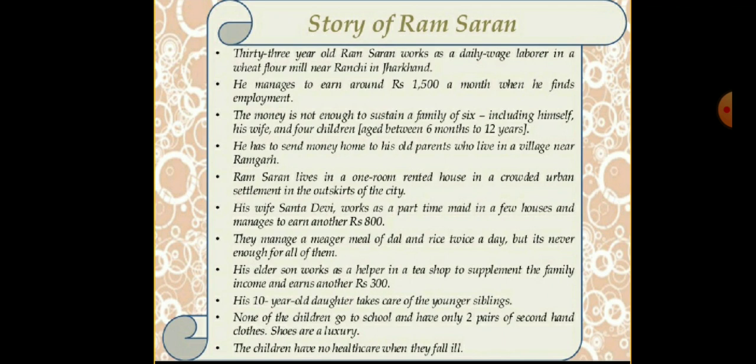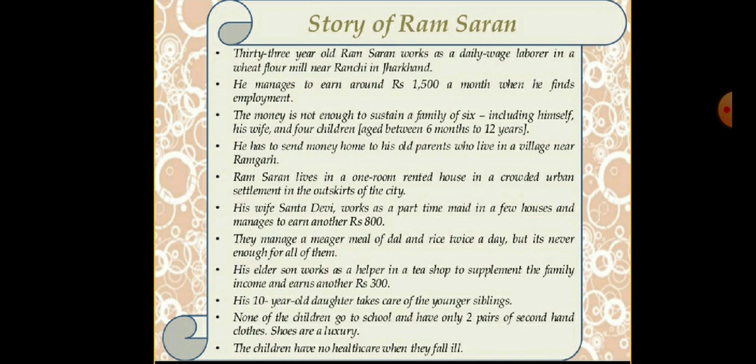33-year-old Ram Saran worked as a daily wage worker in a wheat flour mill near Ranchi in Jharkhand. He managed to earn around rupees 1,500 a month when he finds employment. That means when he doesn't find employment, then he doesn't get these 1,500 rupees either.